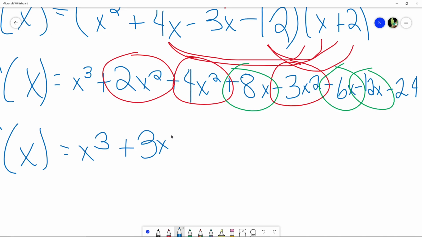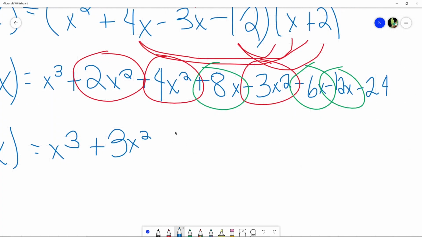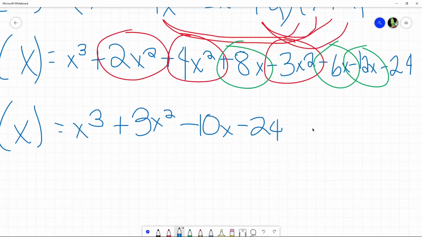As you can see, the square is still retained. Next we go with the x's. So that goes 8 plus negative 6 plus negative 12. That's going to be negative 10x. And since we only have one constant here, that's going to stay negative 24.